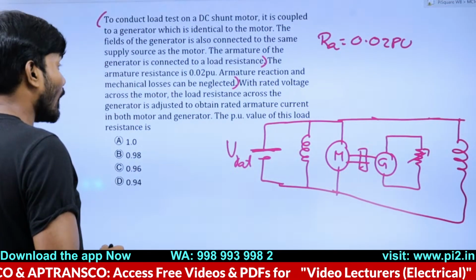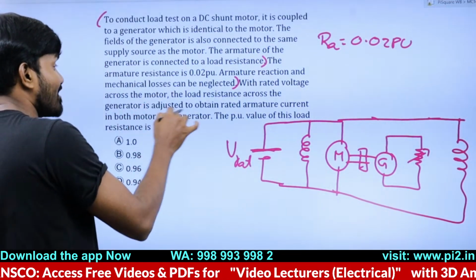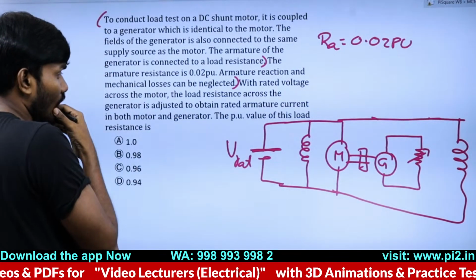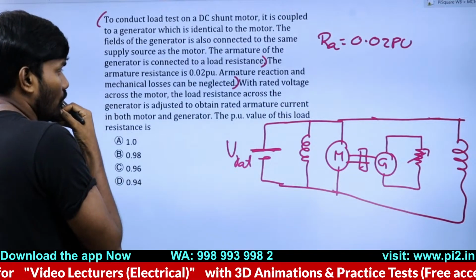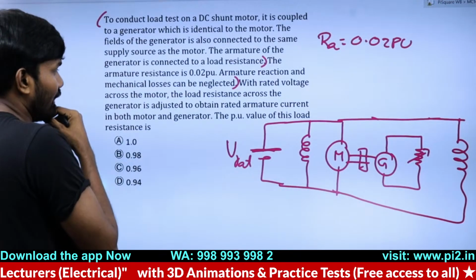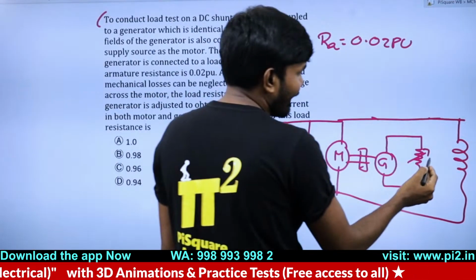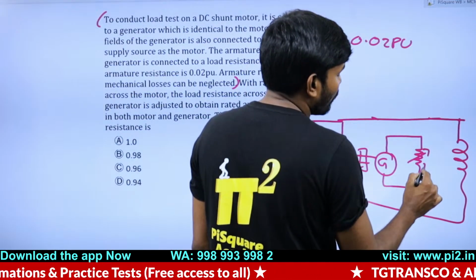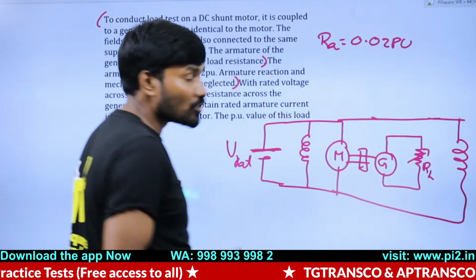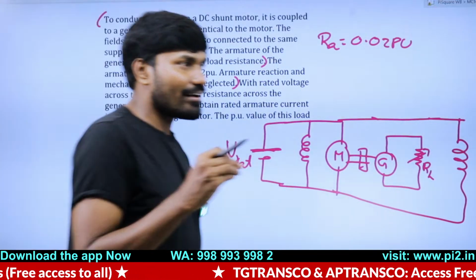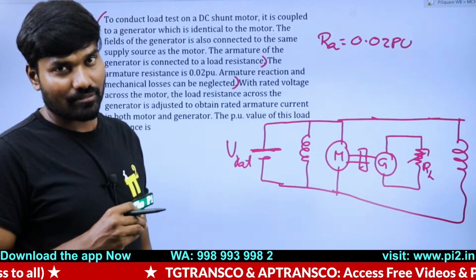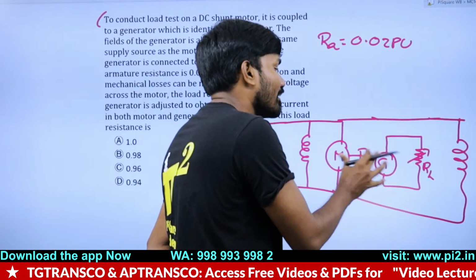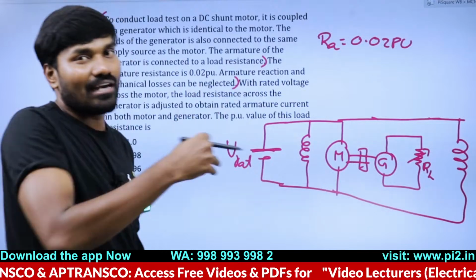The load resistance across the generator is adjusted to obtain rated armature current in both motor and generator. Then, what should the per unit load resistance be? We have to find the resistance value in per units such that both the motor and the generator are under full load condition.